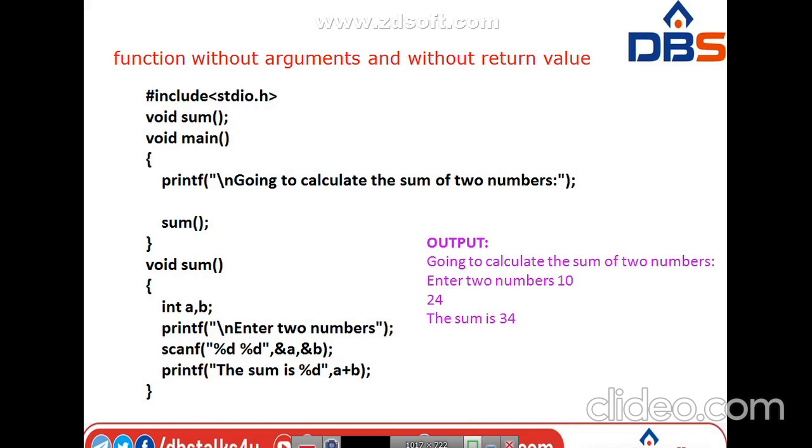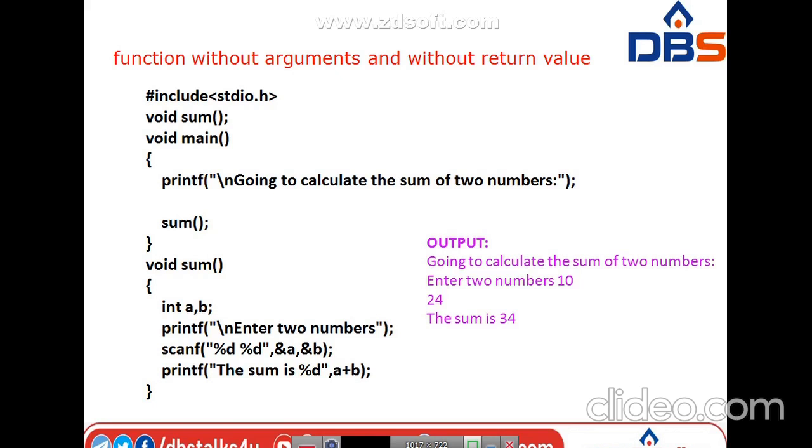Okay, what is the syntax for function declaration? Generally we have a return type and a function name, and within the brackets we write the arguments list. But here it is the example for without arguments and without return value. So we are not using any arguments in the brackets, and without return value means before sum I have written void.